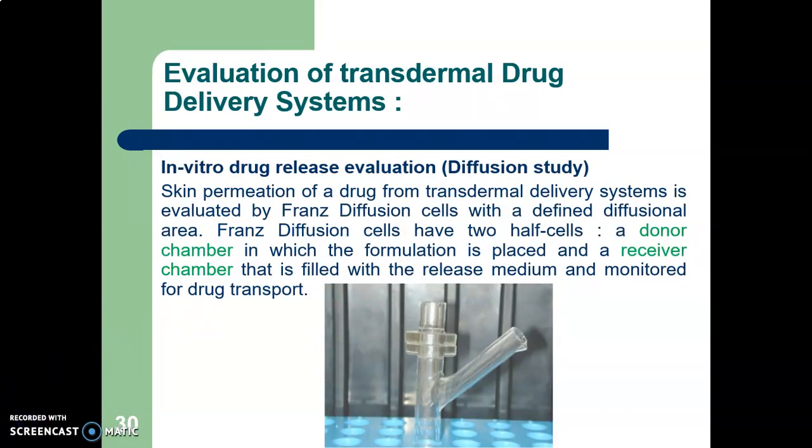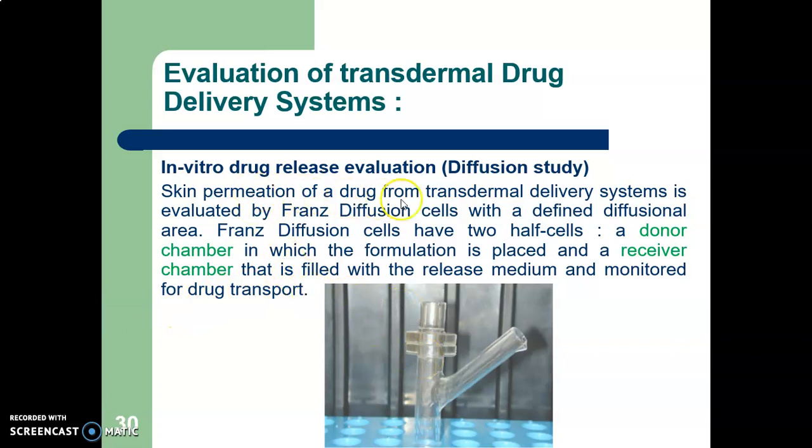In the previous slides, we discussed how to evaluate the adhesive properties of transdermal patches. Now we look at in vitro drug release evaluation, or in vitro permeation studies. This is also known as diffusion studies, and it is carried out using Franz diffusion cells as shown in the figure.